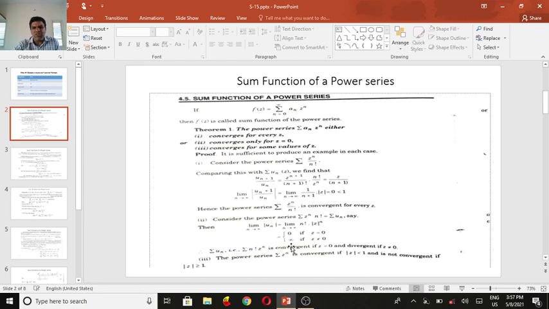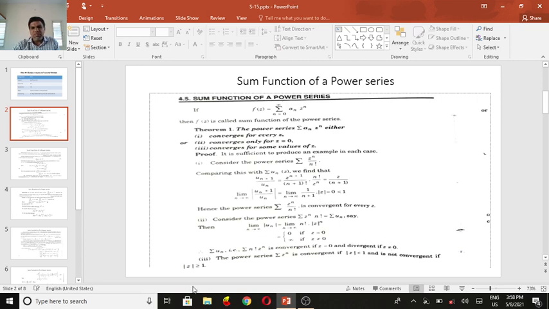This value is 0 if z equals 0 and infinity if z is not equal to 0. If 0, it converges; if not, it diverges. So summation n factorial z power n converges if z equals 0 and diverges if z is not equal to 0. This is the second case.